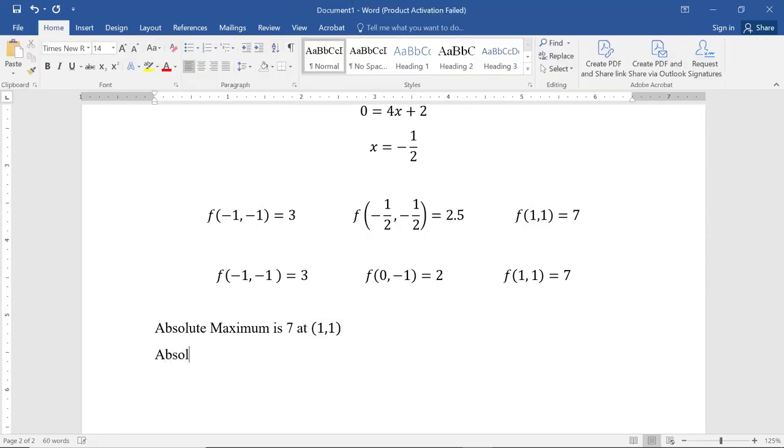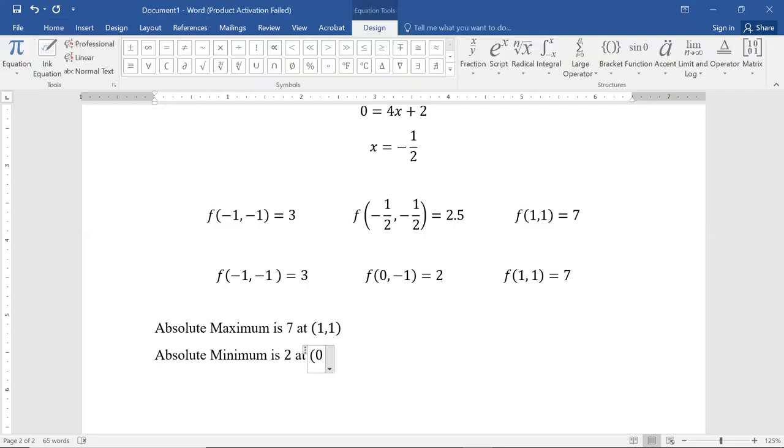The absolute minimum is, once again, 2 at the point 0, negative 1. So that's the constrained optimization for this example.